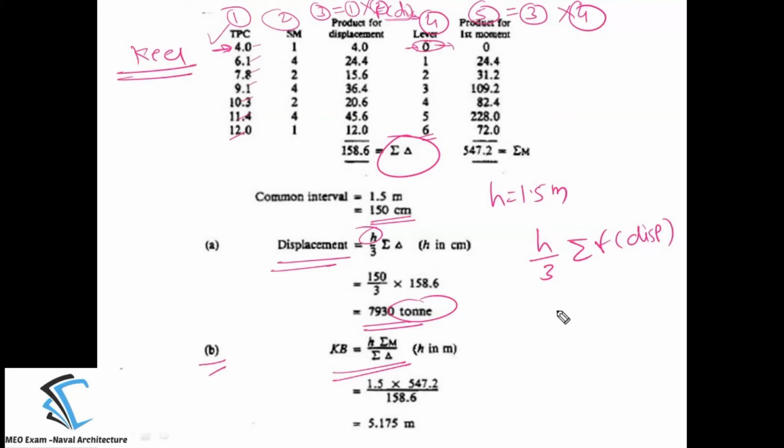KB is the centroid of the underwater volume. The formula remains the same, which we have already seen for the calculation of the centroid: that will be h into summation of function of first moment divided by summation of function of displacement. So like this you can calculate the value of KB.